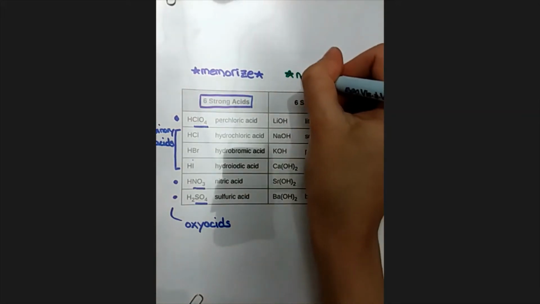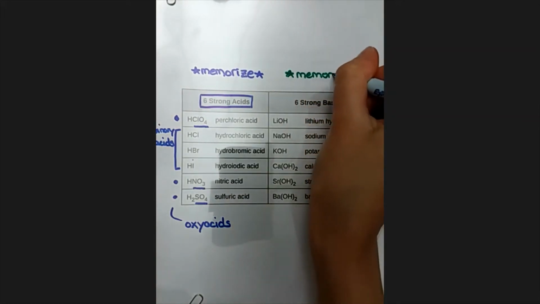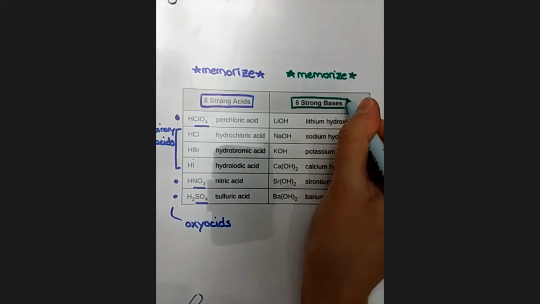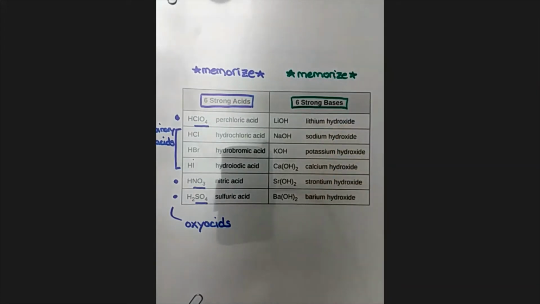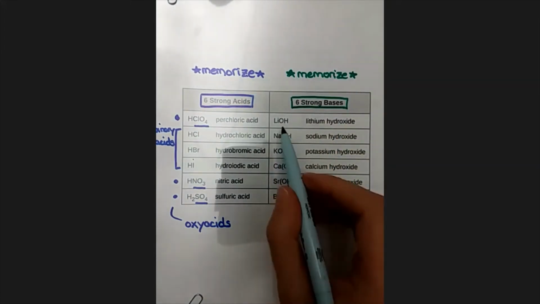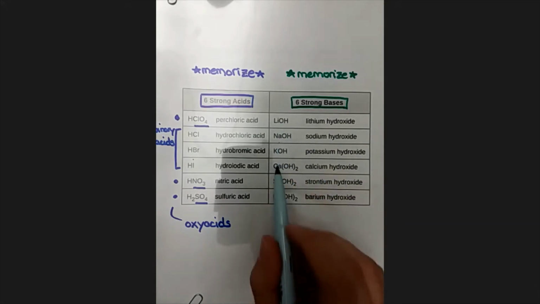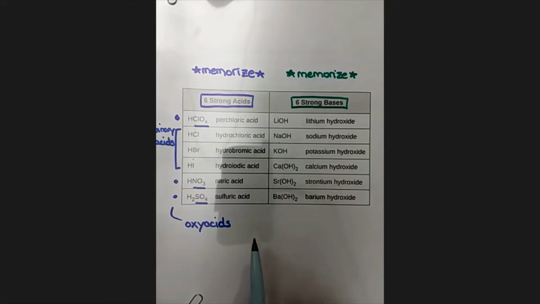And then you will need to memorize these 6 strong bases as well. But these are much easier because they're just binary ionic or simple ionic compounds like we've already learned to name. We have LiOH lithium hydroxide, NaOH sodium hydroxide, KOH potassium hydroxide.